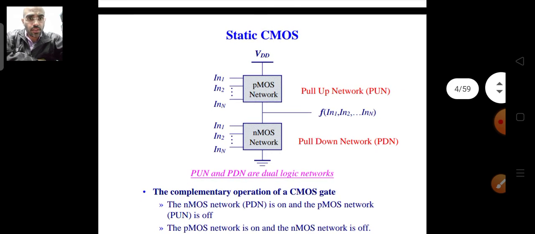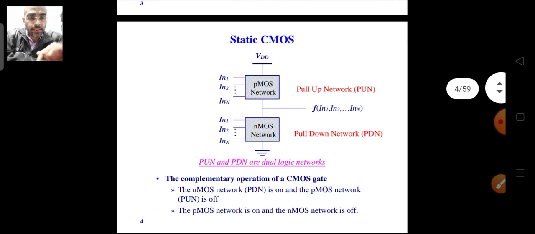So this is what your combinational circuit will look like. The pull-up network is made up of PMOS MOSFETs, and the pull-down network is made up of NMOSs. The reason is that the NMOS provides you a good 0, whereas PMOS provides you a good 1.